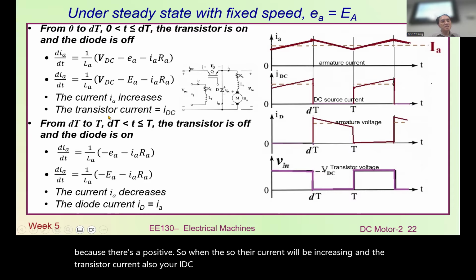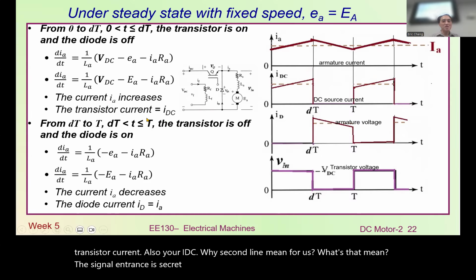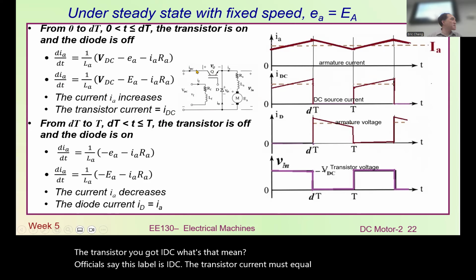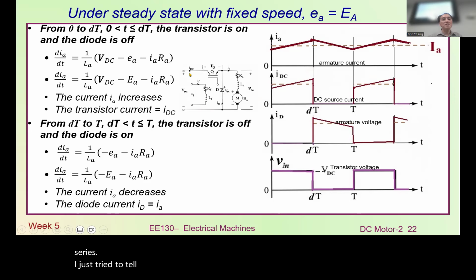What does that second line mean for us? Why is the transistor current equal to IDC? Obviously, this label is IDC. The transistor current must equal the IDC because they are connected in series. The input current will pass through the transistor.